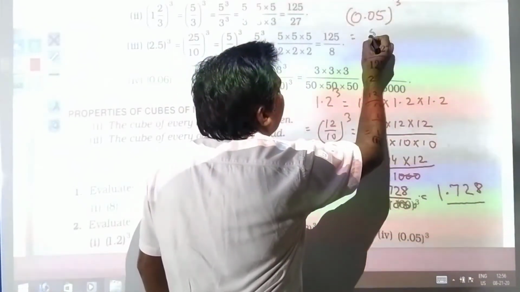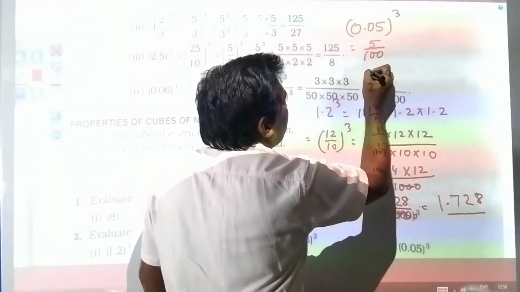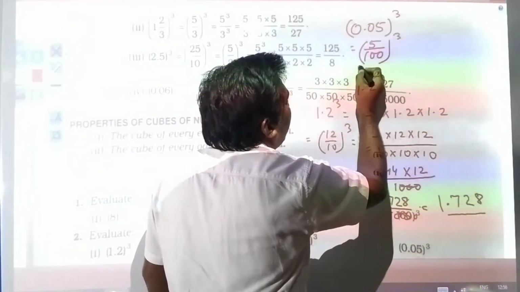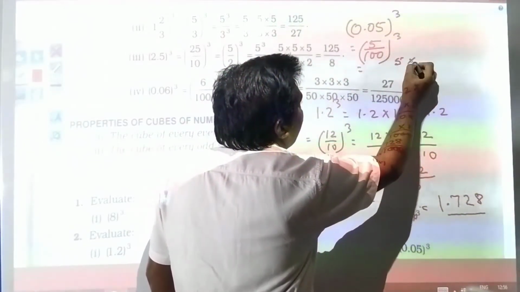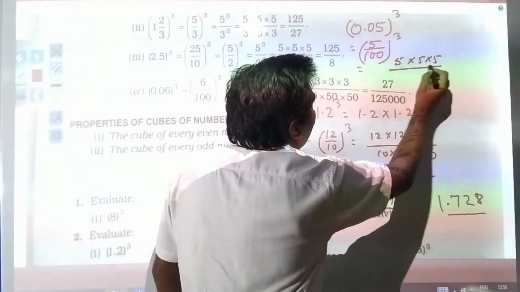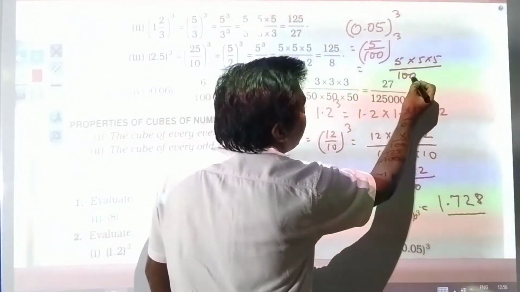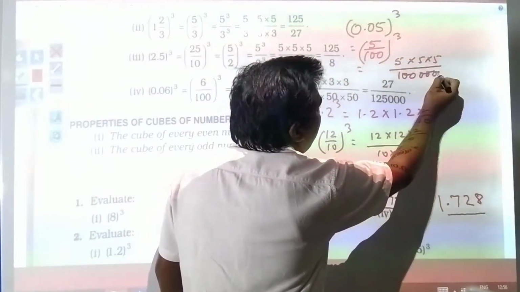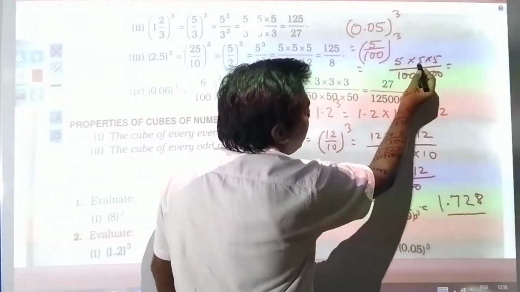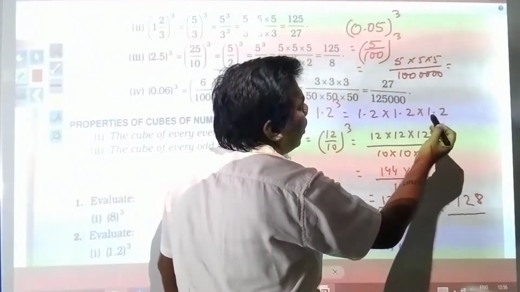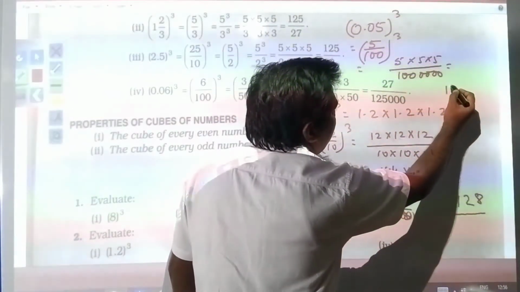It means 5 by 100 whole cube, and that can be written as 5 into 5 into 5 and divided by 100 cube. How many zeros will be there? 6 zeros, like this. So this will be 5 5s are 25, 25 5s are 125.